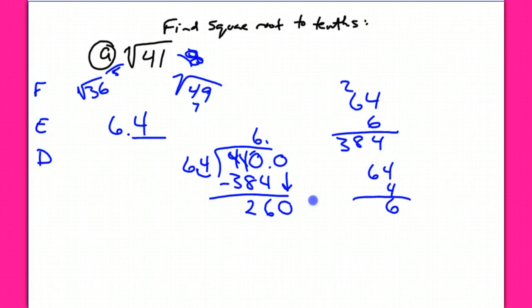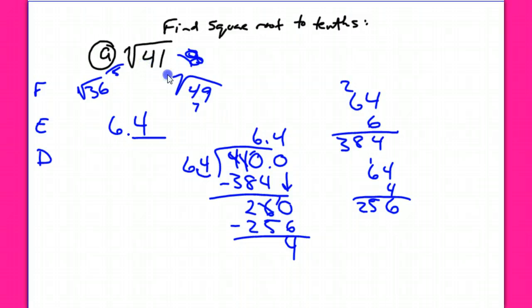4 times 4 is 16. And then 6 times 4 plus 1. Ooh, 256. Yay! 256. Now remember, we're always going to have remainders because square roots of numbers that are not perfect squares are always going to leave us with an imperfect situation here, right?